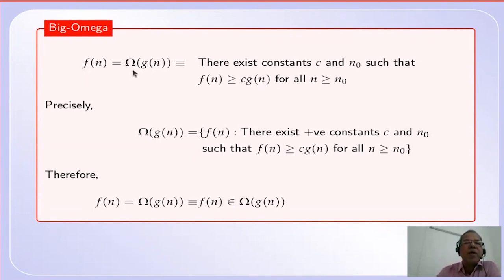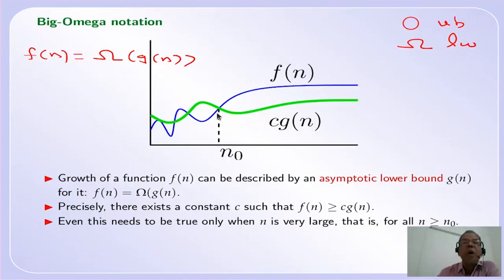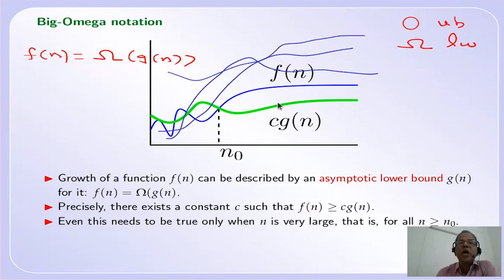Again, big omega of g of n is not a single function, it is a set of functions. All functions above, all these blue functions are in the set big omega of g of n.